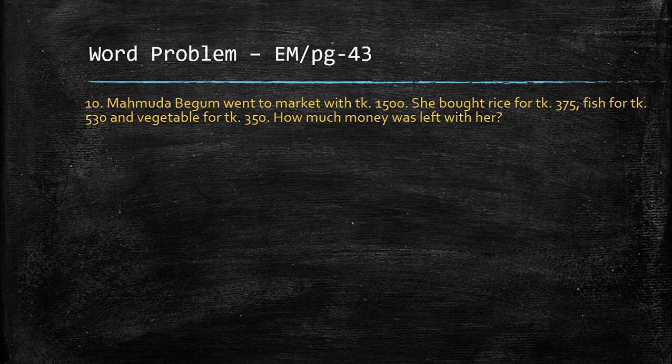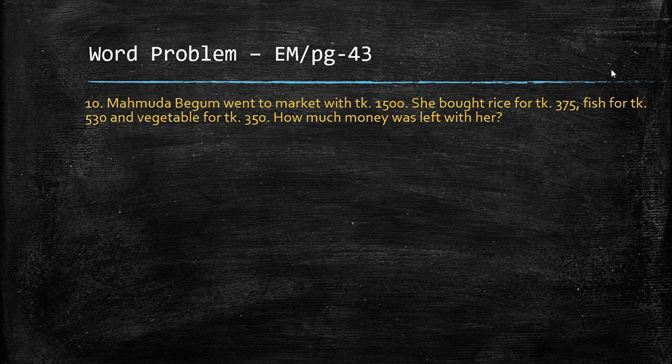And you see that she bought some rice for how many taka? This is 375, and she also bought some fish and vegetables. That means she bought 3 items and it costs some money, okay? And you have to find out how many taka she has left. How can we find this? First, what should we do?